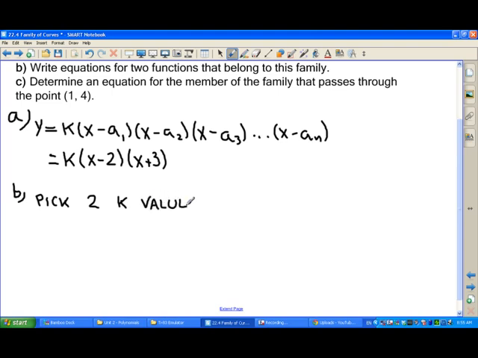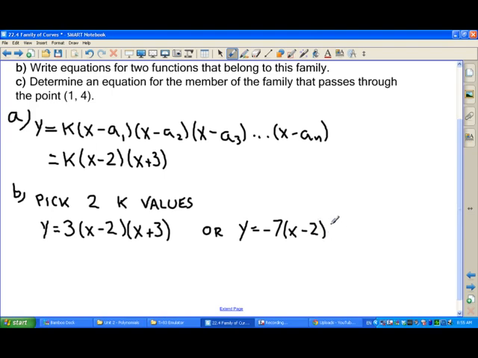I could say that k equals 3, and one of my functions would be 3 times x minus 2 times x minus 3. Or I could pick a different value, negative 7, and then my other member of this family would be negative 7 times x minus 2 times x plus 3.